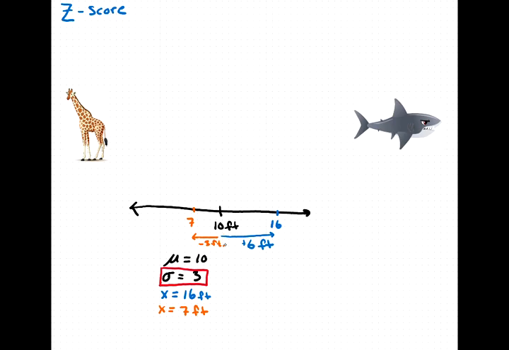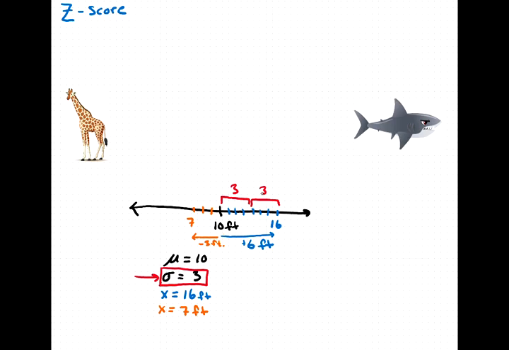So instead of measuring in individual feet, we can measure in number of standard deviations. So the 16 is 2 standard deviations above average.